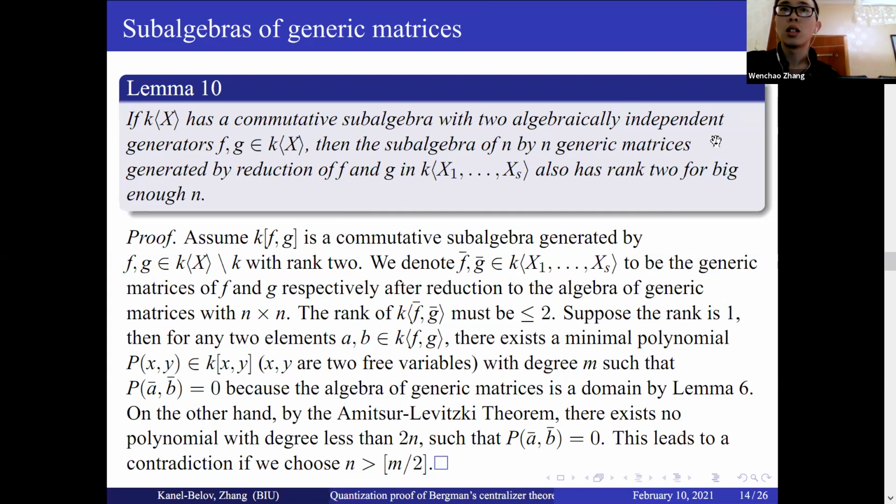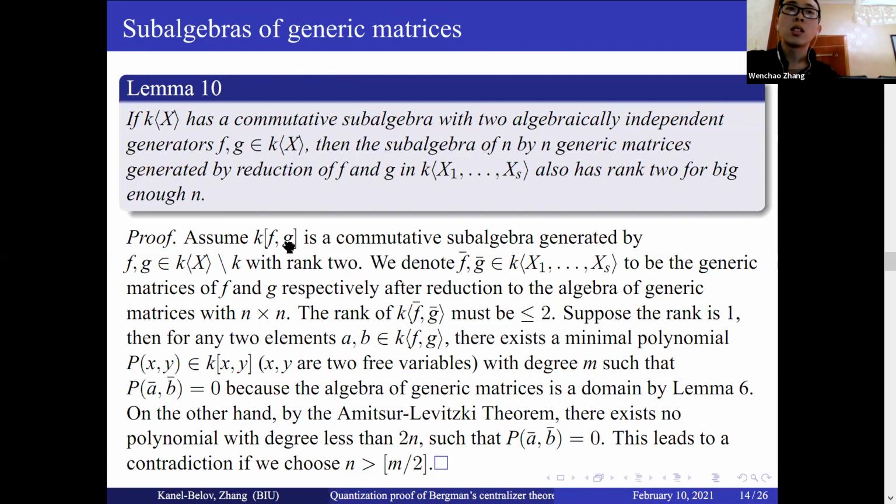So we won't use a proof by contradiction; instead, we will show that the subalgebra of n by n generic matrices generated by the reductions of f and g will also have rank 2 for big enough n or p.